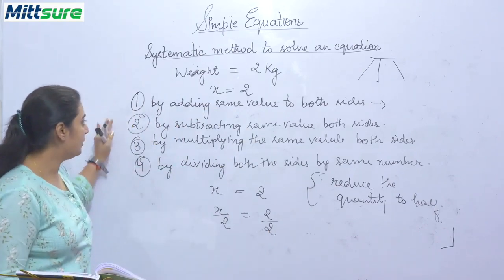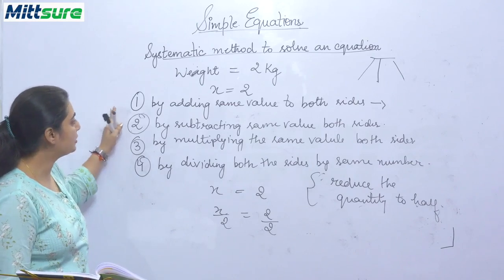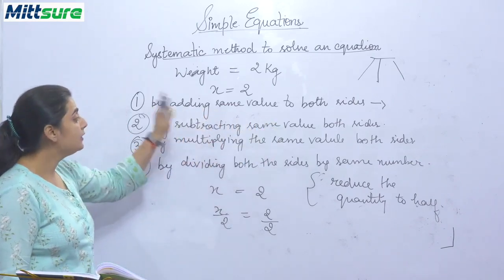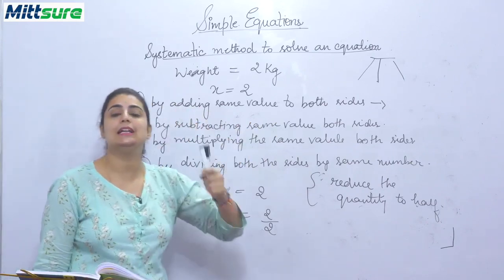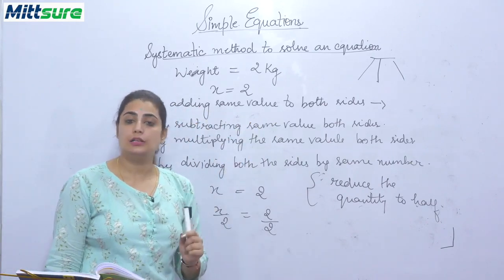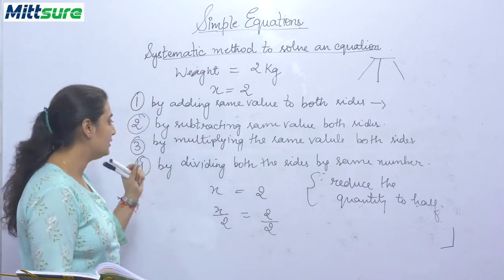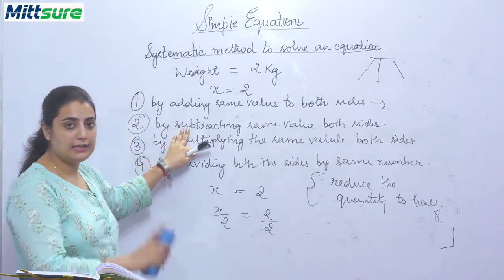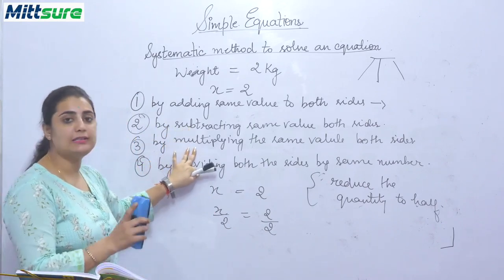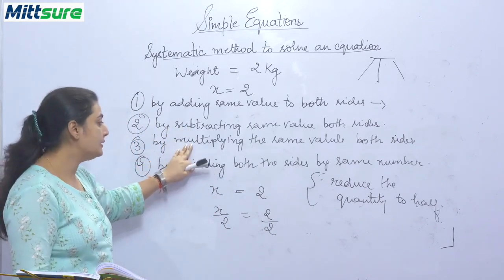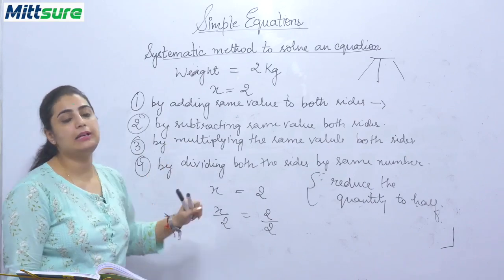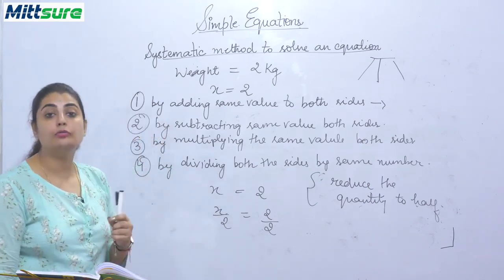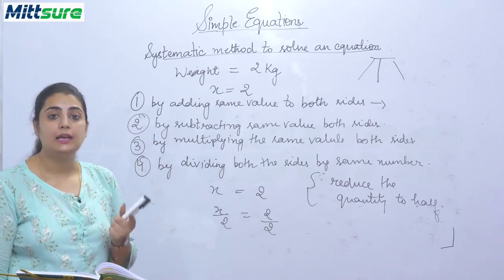If I have to solve a given equation, if I add the same quantity to both the sides, then definitely I come to a solution of the equation. I can subtract the same value on both the sides. I can multiply both the sides with the same number, and similarly I can divide both the sides by the same number to find out the solution of the equation.